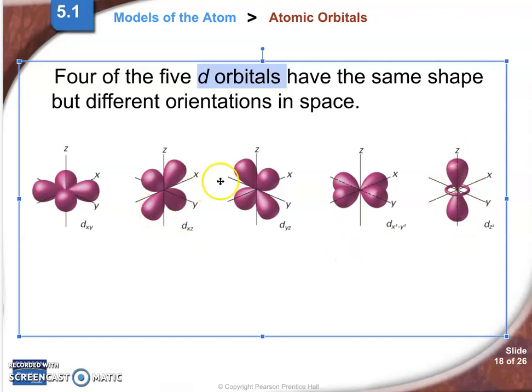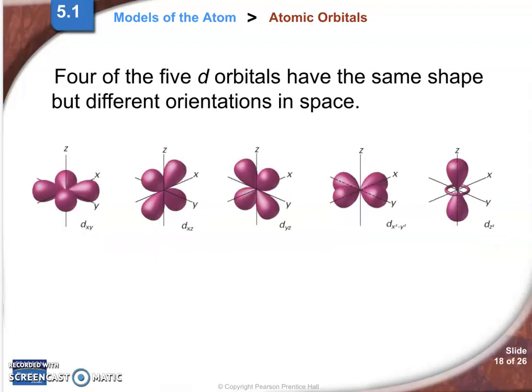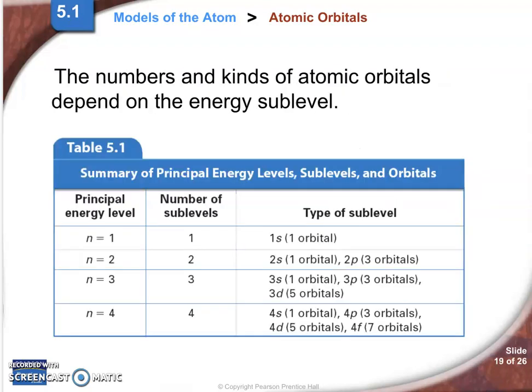Right? These are all D orbitals. Now, these are just extra ideas to visualize the shapes of orbitals. You don't need to worry about this, but you need to understand that different energy levels have different sub-levels.